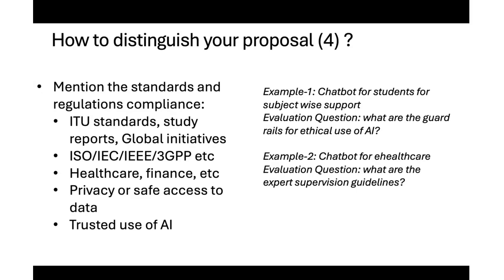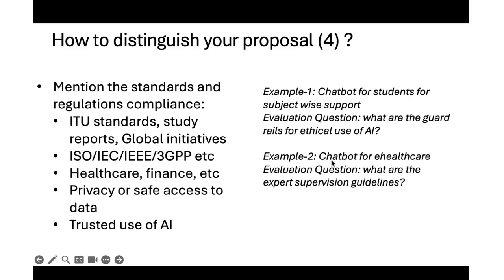There are privacy and safe access to data that you need to take care of, and trusted and ethical use of AI. These are some of the things that you need to cover as part of distinguishing your proposal. So make sure that the evaluators understand what are these standards and compliance to look for.